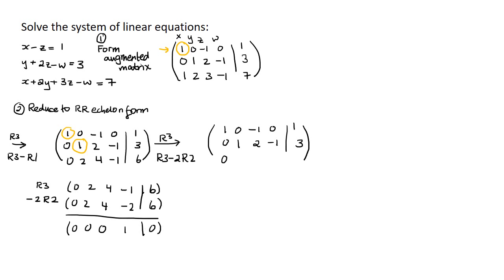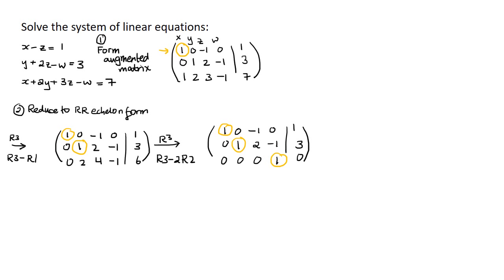So my final row now is 0, 0, 0, 1, 0. Okay. So now, if I look at my leading entries, they're all equal to 1, and they're moving to the right with all zeros below them. So we're ready for the upward stages now.